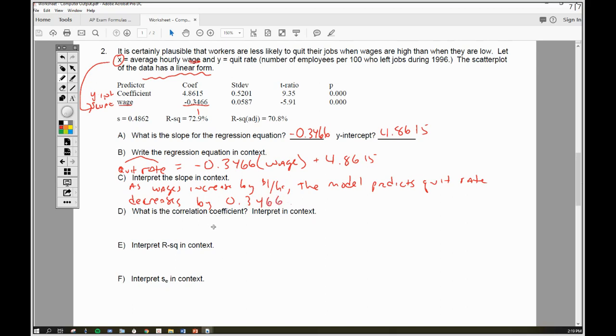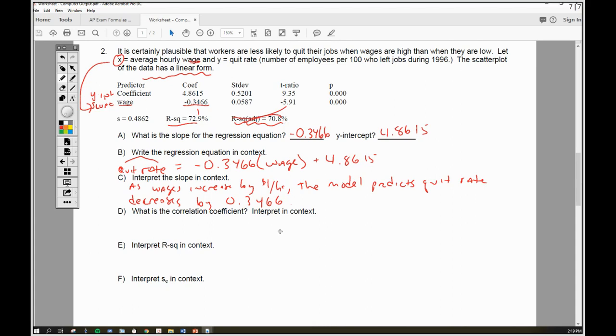What is the correlation coefficient? Correlation coefficient is R. So we look up here, and I don't see R, but I see R squared, and I also see this R squared adjusted. And I'm going to tell you right now, R squared adjusted, it's a trap, kids, it's a trap. Run. Don't use R squared adjusted. It always sounds like the new and improved R, and some people think that must be better, but it's not.